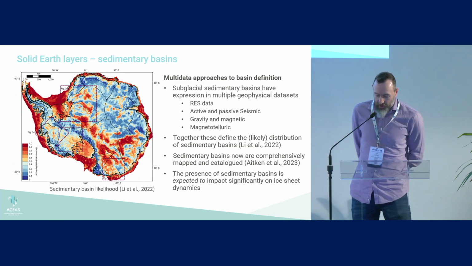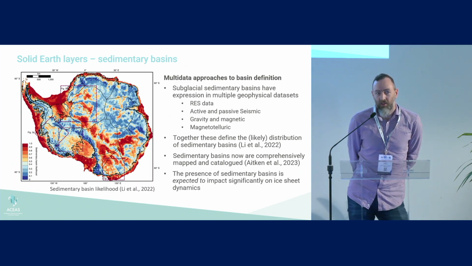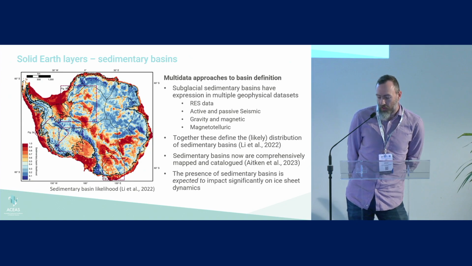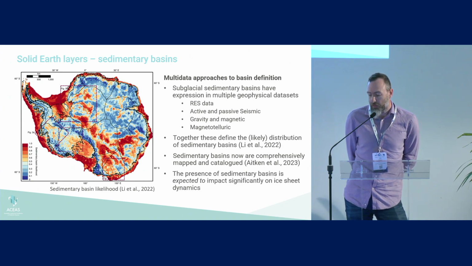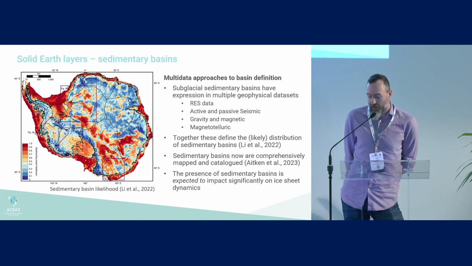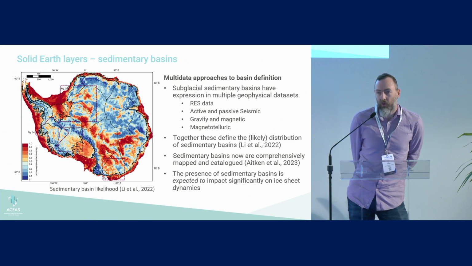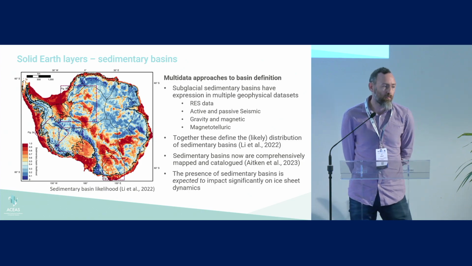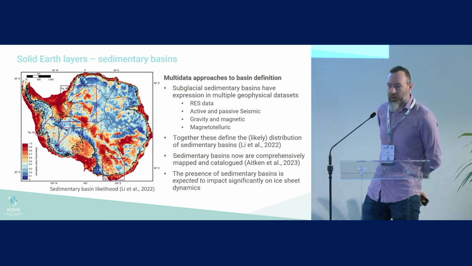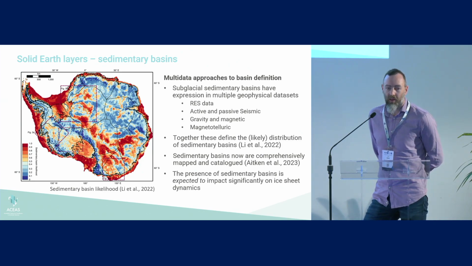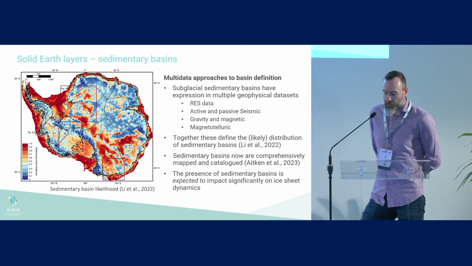So the next layer down is the sedimentary basins, and we've put quite a bit of work into these of late. They have a distinct expression in multiple geophysical data, including radar data, seismic data, magnetotelluric data, and potential fields data. If we put all these together and use them together, we can generate predictions of the likely distribution of sedimentary basins, which is what Lou did a few years ago.